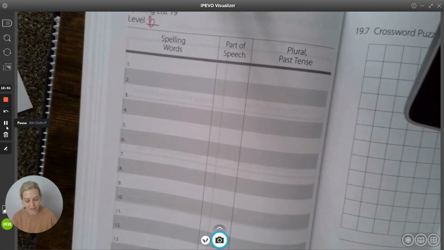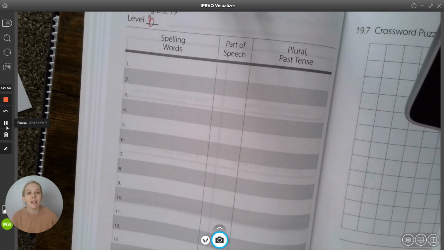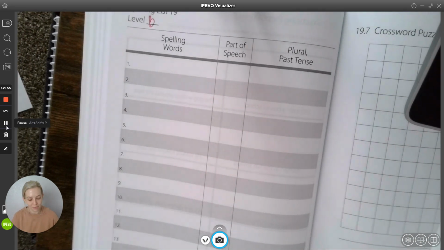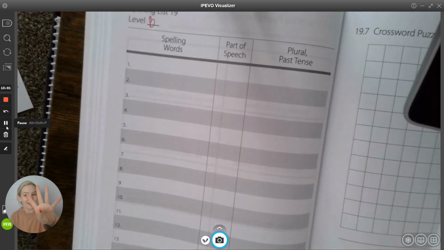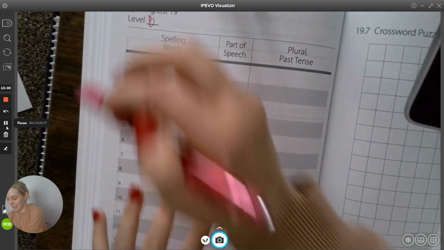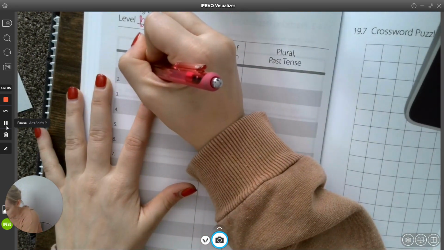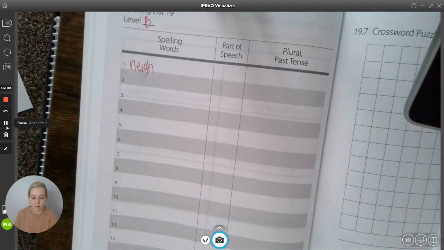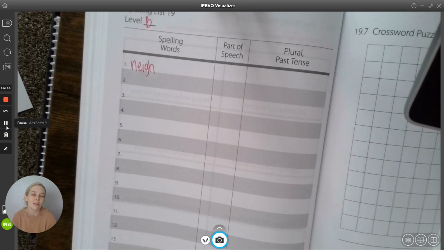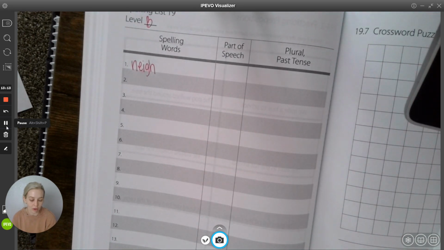First one is nay, so let's sound it out. N-A. Finger spell. Make sure to watch my fingers. N-A. Second syllable is bore. Sound it out. B-or.